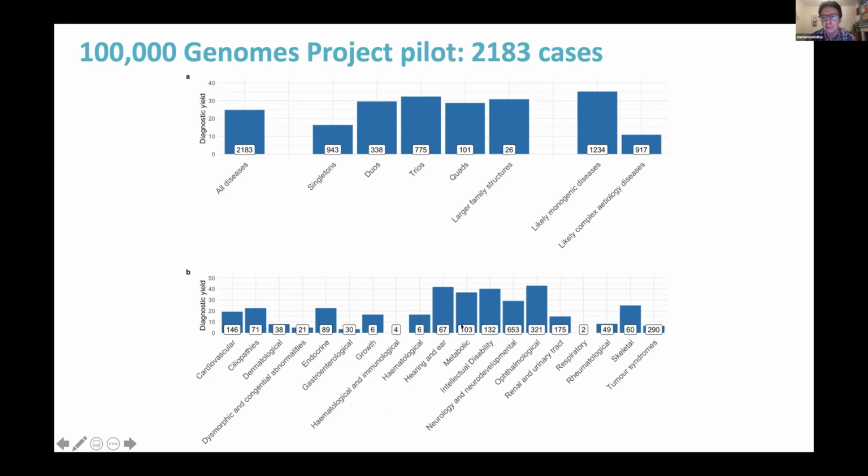But as part of the 100,000 Genomes Project, we were taking all comers in our national health system. So we had a lot of participants suffering from Turner syndromes, which just turned out to be much harder to diagnose. The yield was down to 5% for these.